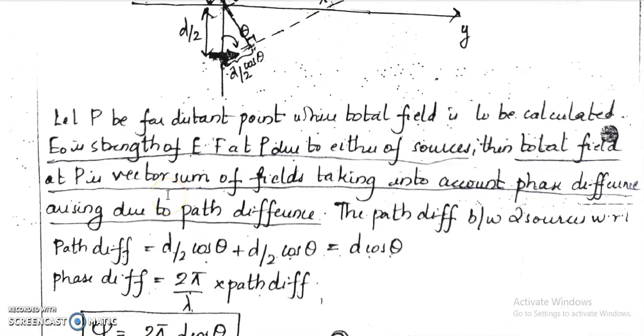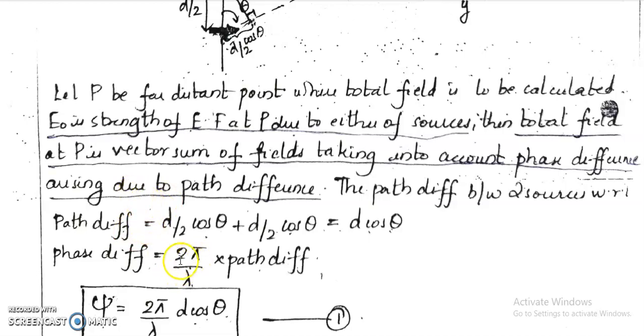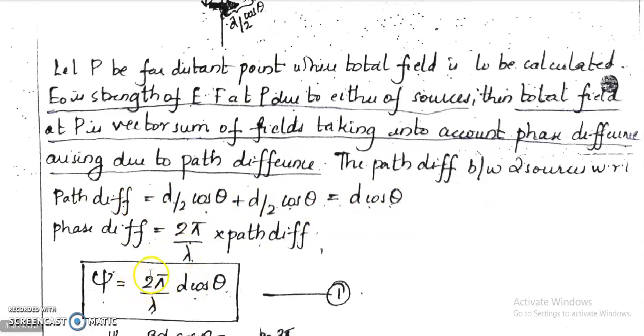A phase difference will arise due to this path difference, and it can be computed by 2 pi by lambda into the path difference. We know that the path difference is d cos theta. So 2 pi by lambda into d cos theta is the phase difference due to this path difference.